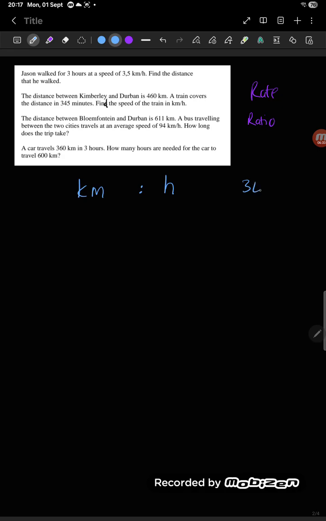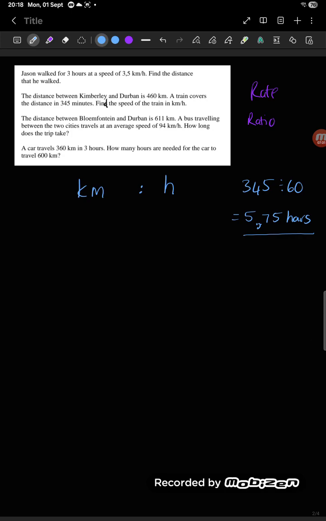Well, 345 divided by 60 is, you can do that on your calculator quickly. My calculator says it's 5.75 hours. You're going to do these distance time ones, especially the more interestingly numbered ones, on your calculator.